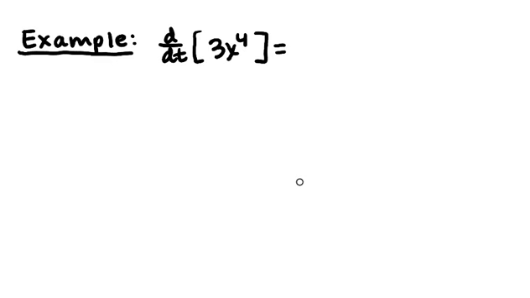All right, next one, the derivative with respect to t of 3x to the 4th. Now, what would you think the derivative of 3x to the 4th would be? 12x to the 3rd, yes. Okay, wonderful. But it's possible that x is a function that depends on t. In the last unit, we looked at particle motion problems where a particle was moving along a line, and x was some function of t, x was the position.